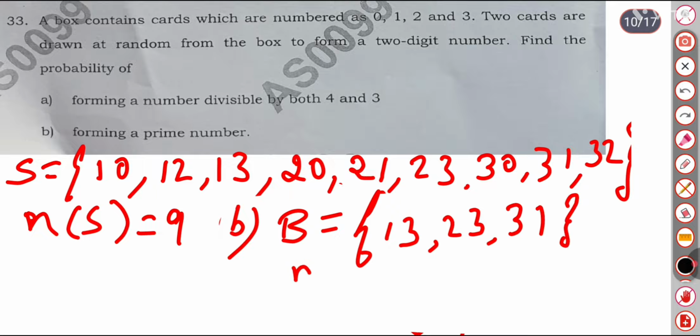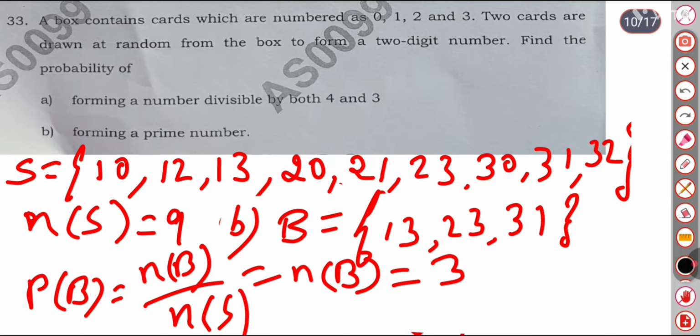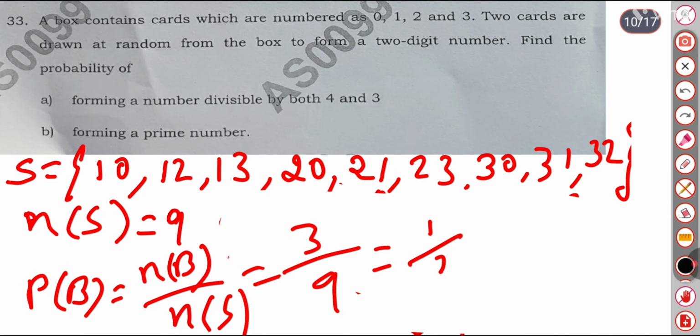So n of B is equal to 3. Therefore, probability P of B is equal to n of B by n of S is equal to 3 by 9, which is 1 by 3.